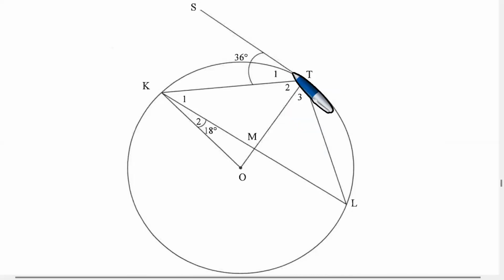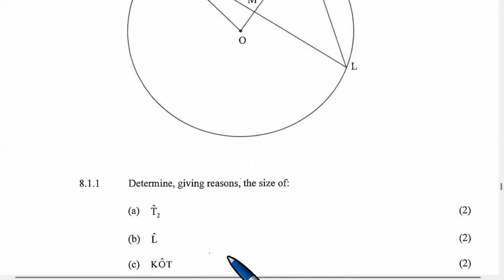Okay, it's easy because now you have a tangent, and this line drawn from the center to the circumference is called the radius. A tangent is perpendicular to the radius, so this angle is 90 degrees. So T1 plus T2 is equal to 90 degrees, since the tangent is perpendicular to the radius.